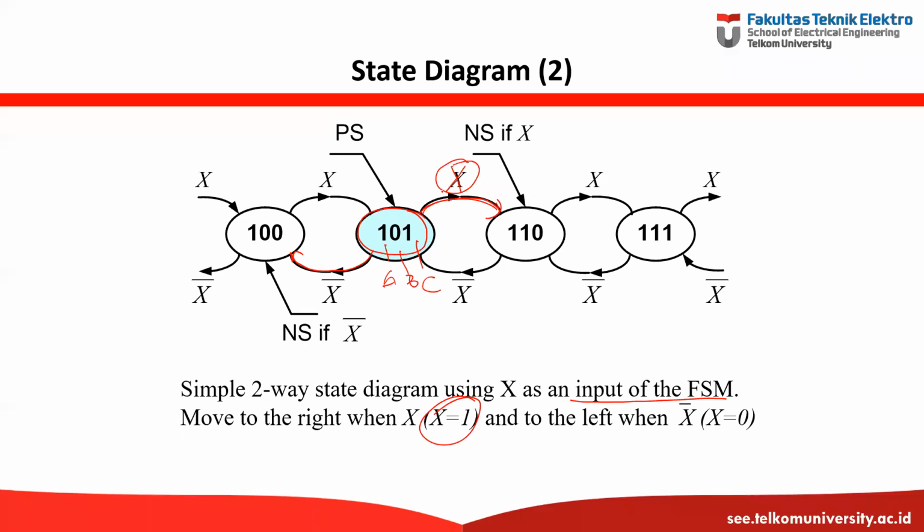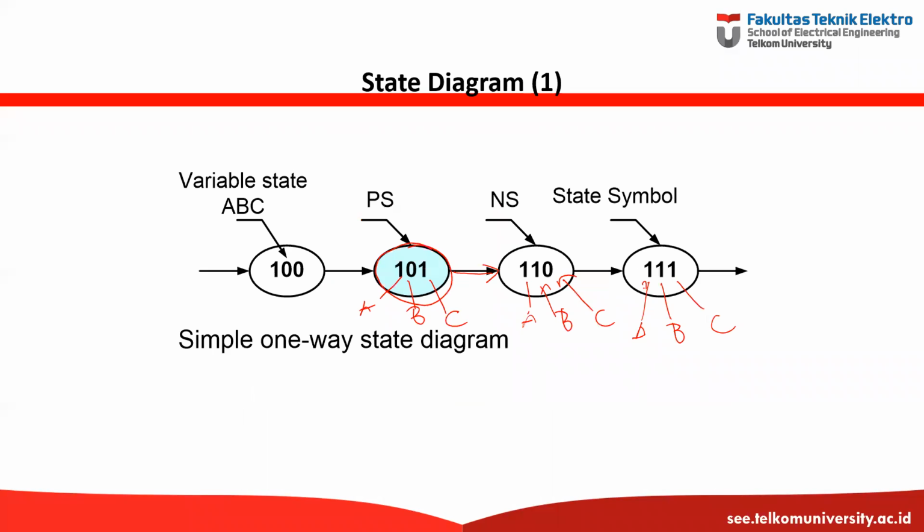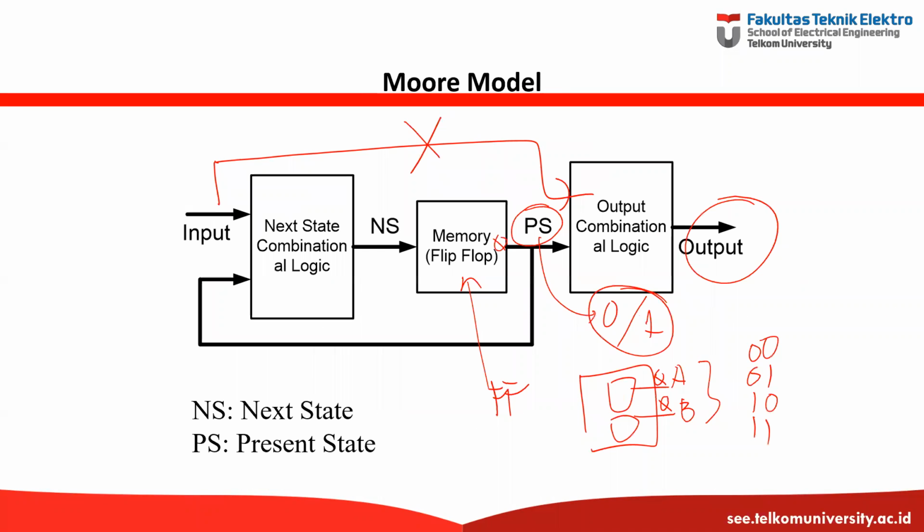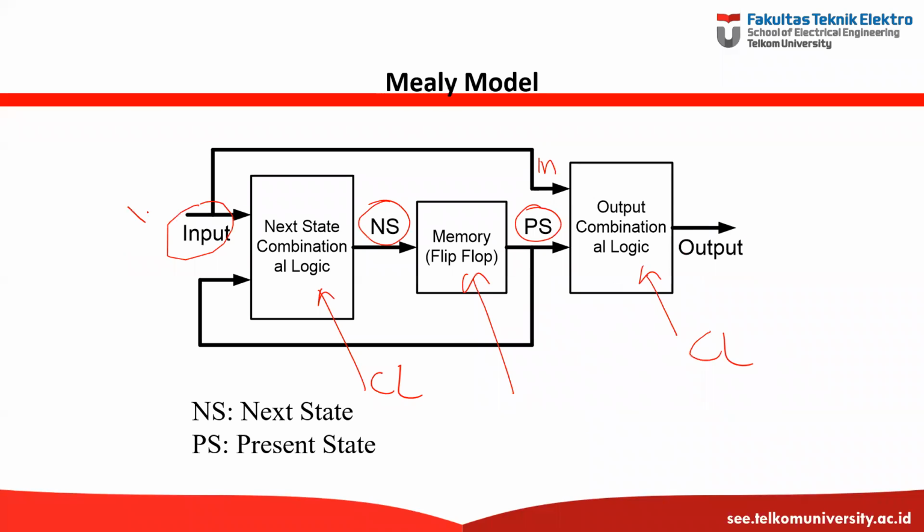So it will change the state to 1, 1, 0 if X is 1. However, if X is 0, it will go back to here. So the state will become 1, 0, 0. So it depends on the value of X, and X is the input of the FSM. This is X, and this is X.